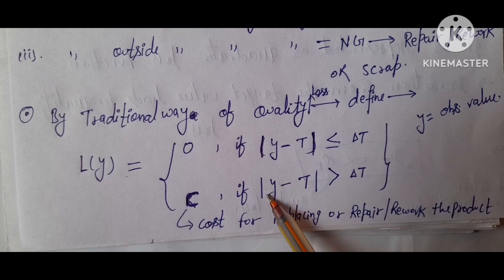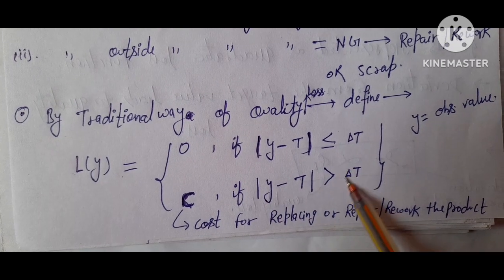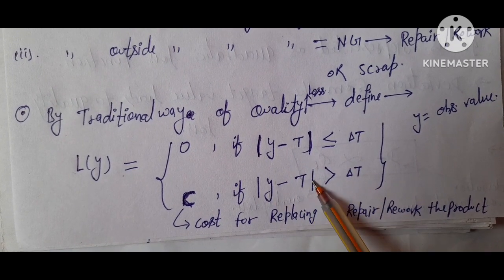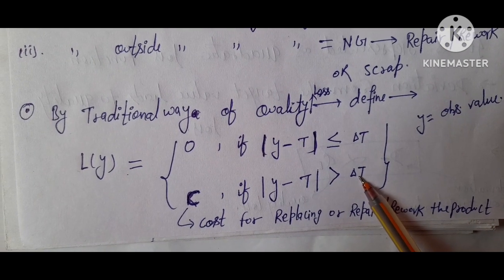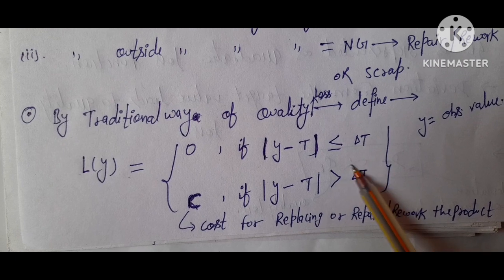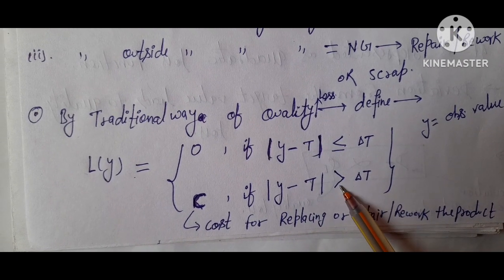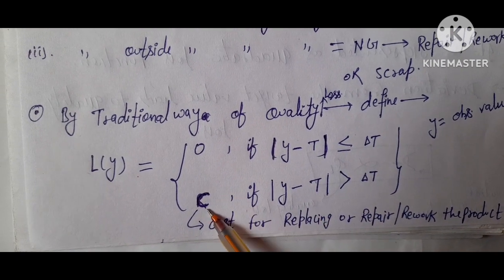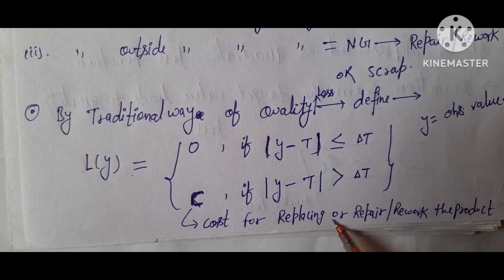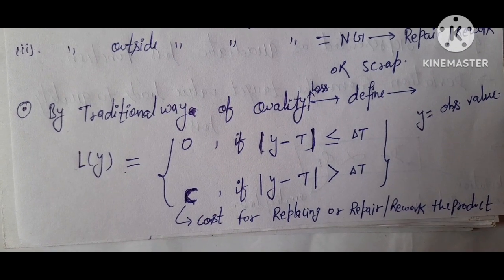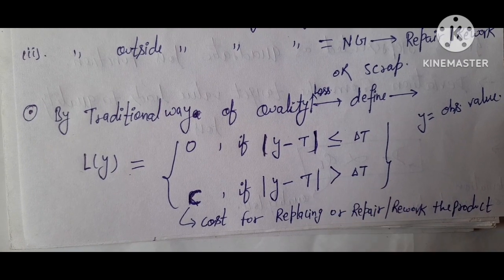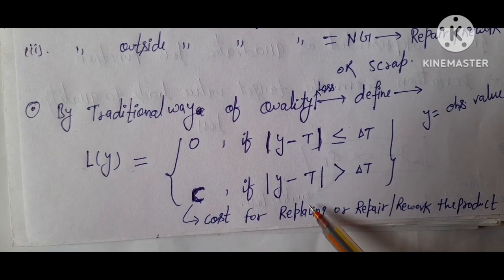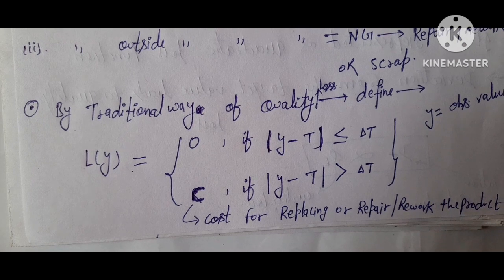If |y minus t| is greater than delta t, the tolerance, then some cost C is paid for replacing, reworking, or repairing that product.